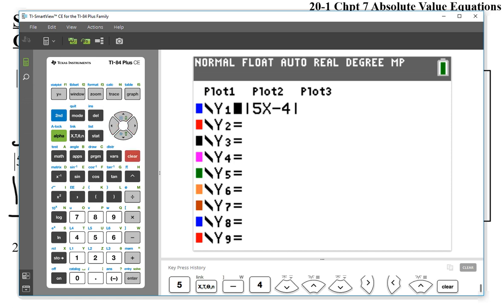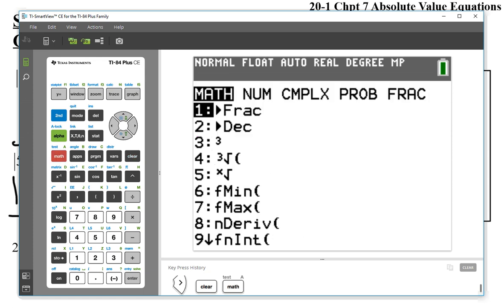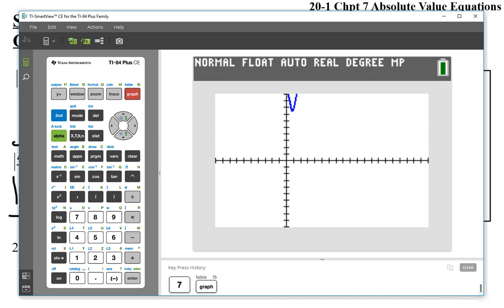Let's try that again. Something went wrong on me. Scroll over. We have 5x minus 4. I want to leave the absolute value sign, and then we had plus 7, and we're going to graph that.